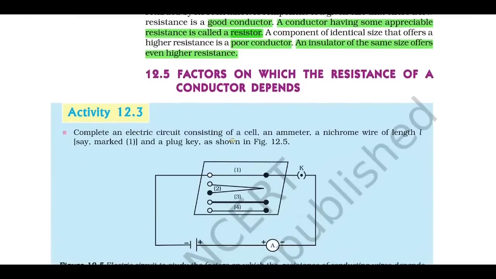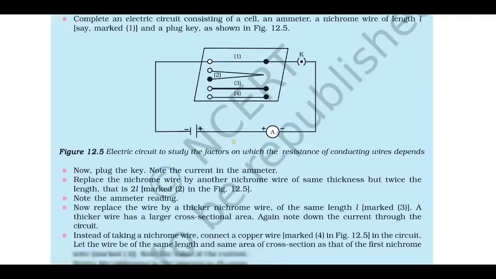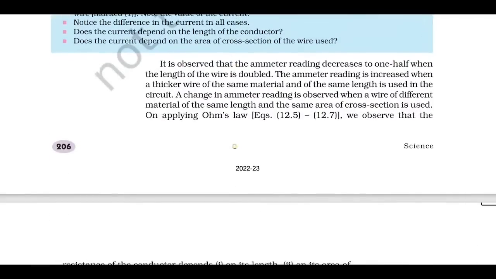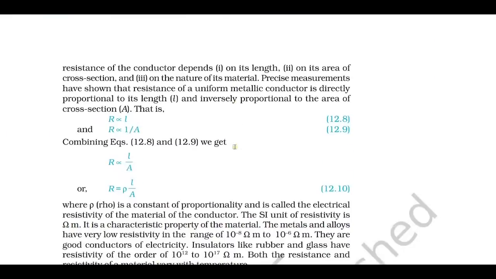Now important question again: factors on which the resistance of a conductor depends. The resistance of a conductor depends on 4 factors. That is, R is proportional to L, R is inversely proportional to A. If you remove the proportionality, you will have a constant called rho.